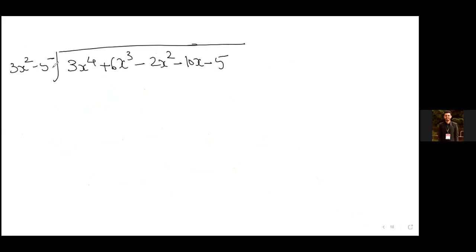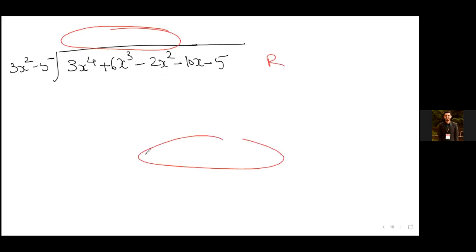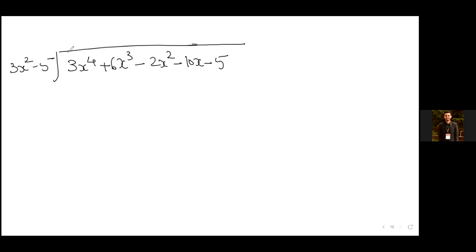Yes, do it quickly and tell me the quotient as well as the remainder. I'll give you 5 minutes. Do it quickly. Only 5 minutes you have.